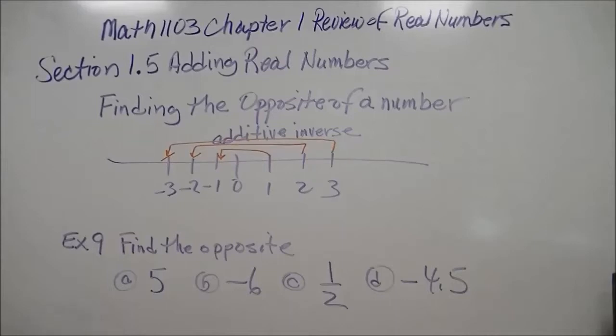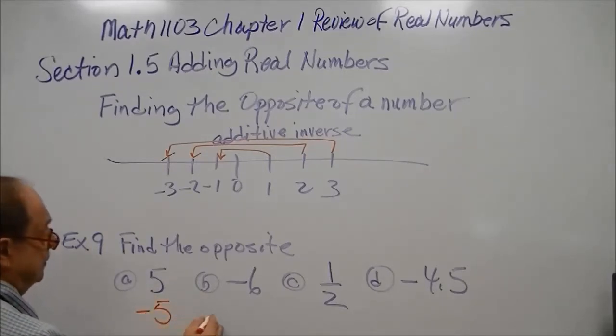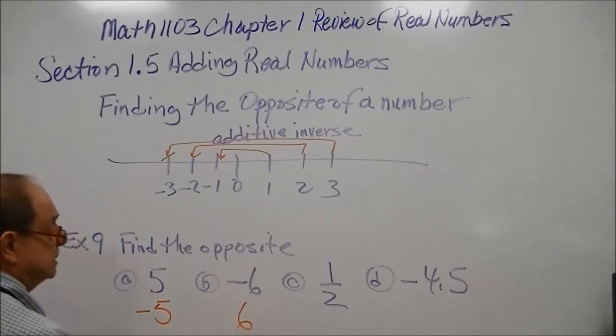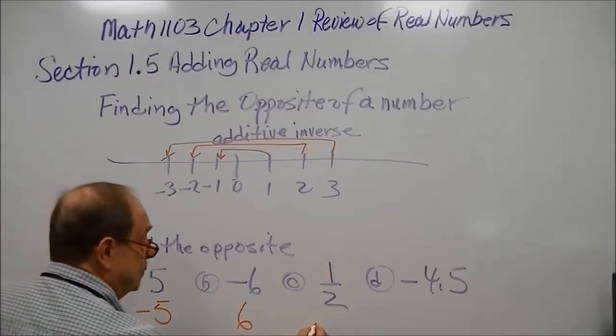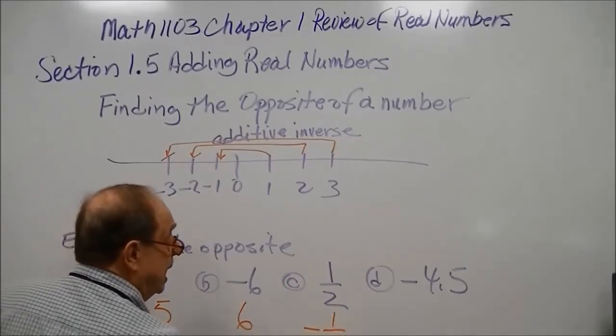So they're asking us, what are the opposites of these numbers? And the answer then is just its opposite sign. So here, the opposite of a 5 would be a negative 5. A negative 6 would be a 6. A positive 1/2 would be a negative 1/2.